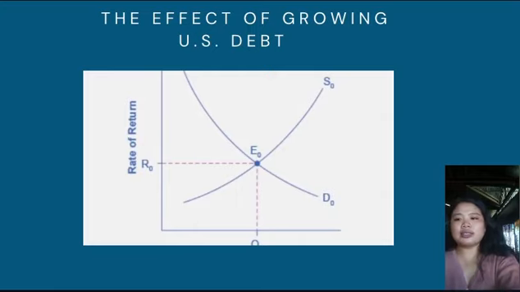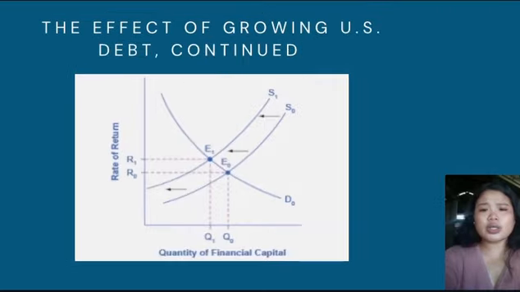Here is a demand curve D and the supply curve S, where the supply of capital includes the funds arriving from foreign investors. The original equilibrium E0 occurs at an interest rate R0 and quantity of financial capital.